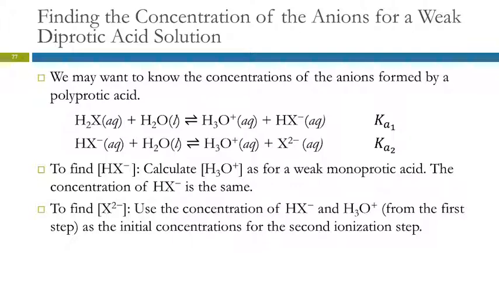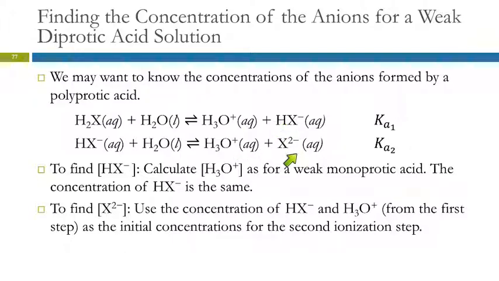Finding the concentration of the anions for a weak diprotic acid solution. Sometimes we might want to know what the anion concentrations are. Now, the contribution to the hydronium ion concentration from the subsequent ionizations may not be important, but we might want to know what the ion concentrations are. So if we want to know this one, we're just going to calculate, and we'll find that the hydrogen ion concentration and this first ionization anion are going to have the same concentration.